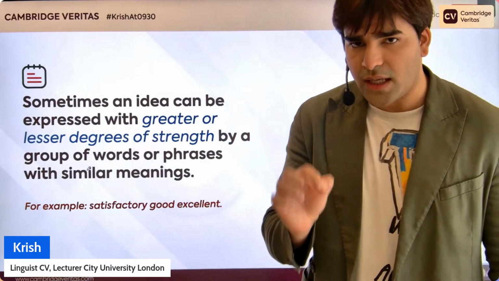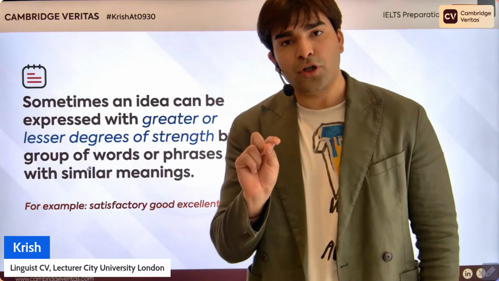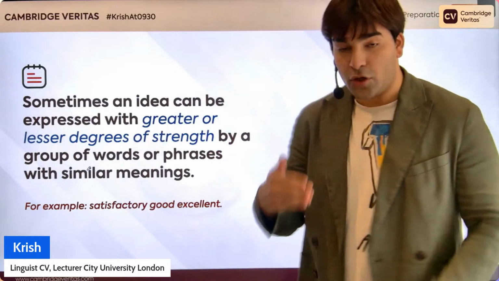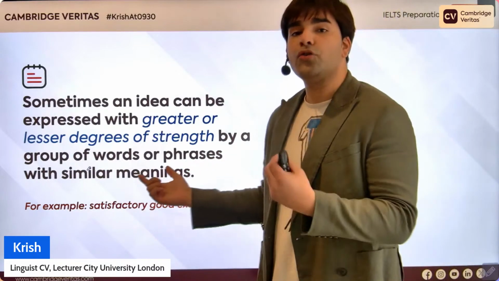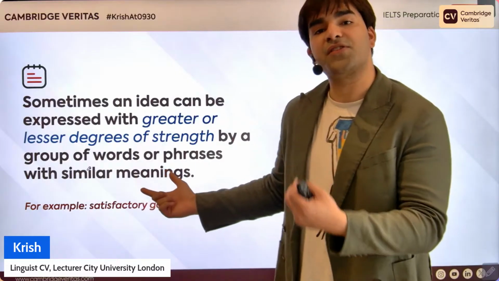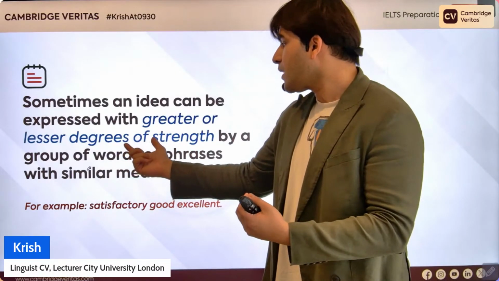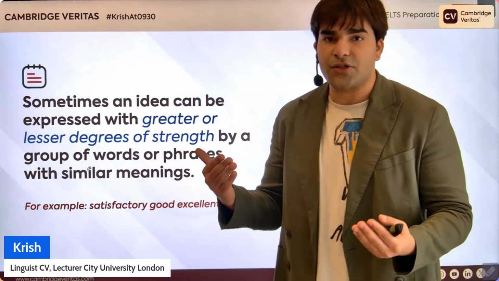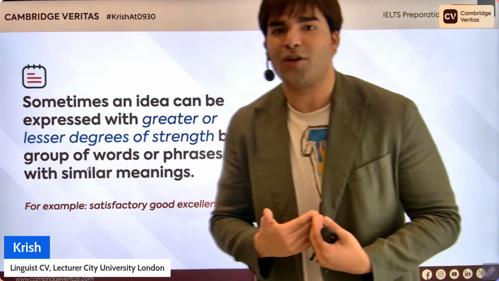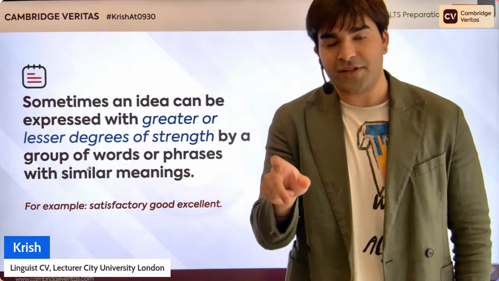One of the tips that we learn on the IELTS writing or IELTS speaking is, even if you're using the same word, if you're using it once again during writing or speaking, but if you group it with a certain degree of strength, or for that matter, lesser degree of strength, the meaning changes. So you sort of save yourself from that repetition feeling that you give to the word.